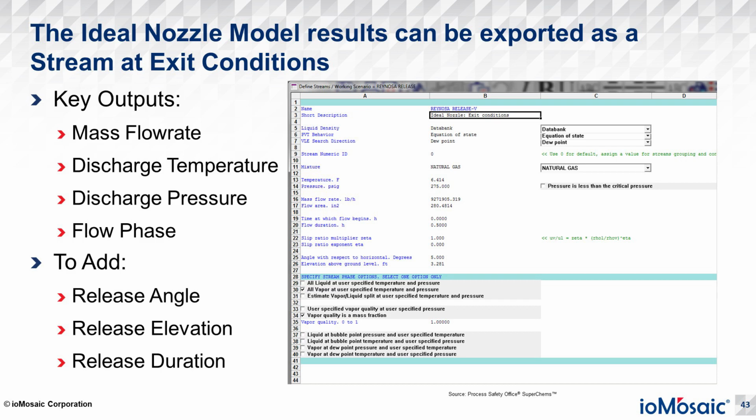It's got our mass flow rate, discharge temperature, discharge pressure, and phase. It's all automatically carried over. But what we need to do is add a release angle, release elevation, and a release duration. In this case, I selected 5 degrees above horizontal and about 1 meter elevation.